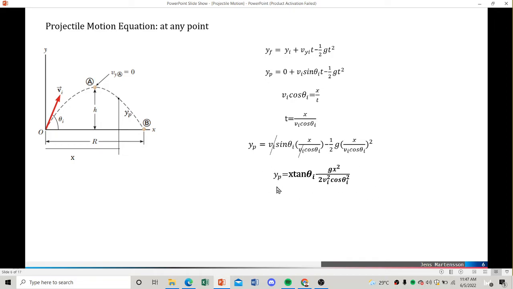So, how would you derive this for the y, the x direction, the initial velocity, or the angle? At any point, this is the equation that we will use.